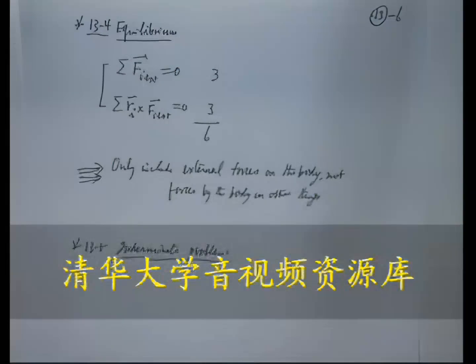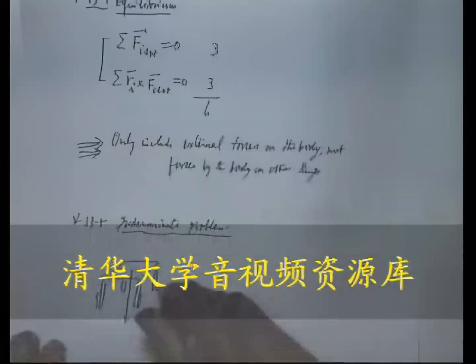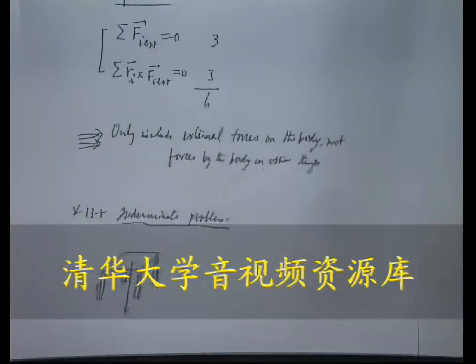Let's, for example, take a simple case, which is a four-legged stool. If I have a four-legged stool and the whole body has a weight here, and you are asked to evaluate the four forces on the four legs, the body suffers five forces.